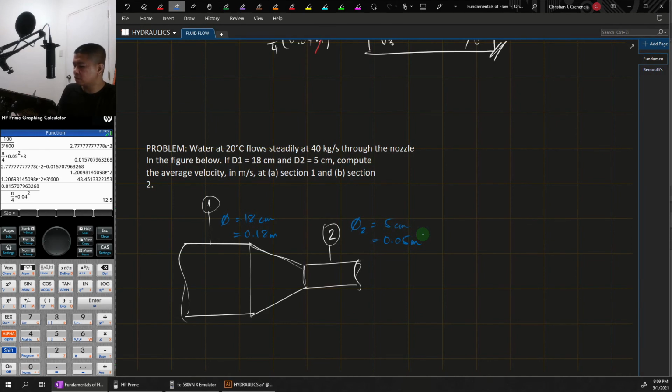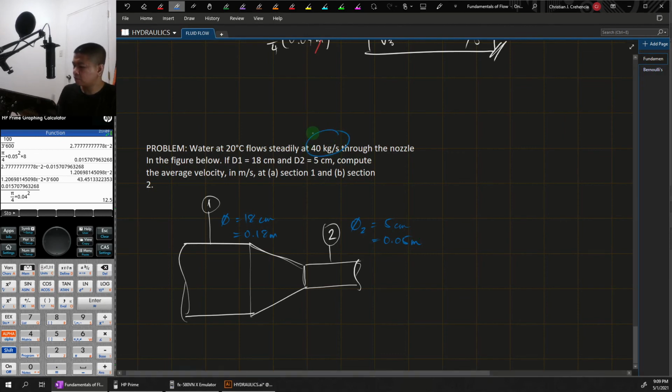Okay, so velocity. So we need to solve first for the discharge Q. So ang given kasi is mass flow rate. Okay? And again, mass flow rate is equal to the density times the discharge Q. So yung density ng water at 20 degrees Celsius is 998 kilograms per cubic meter. Okay?